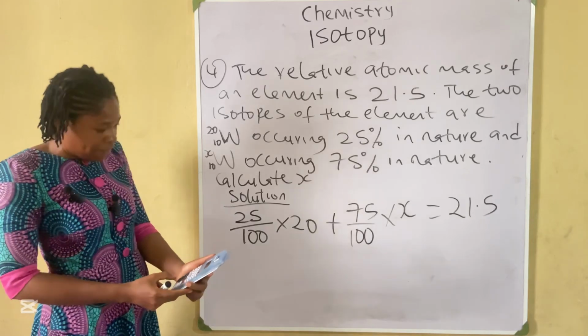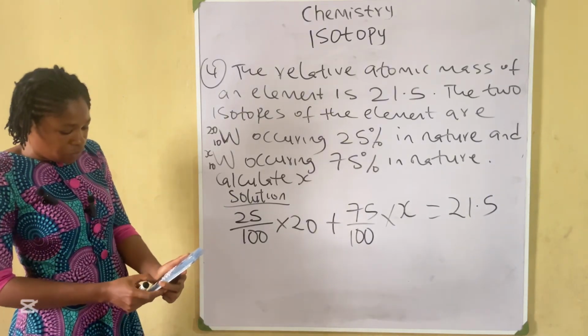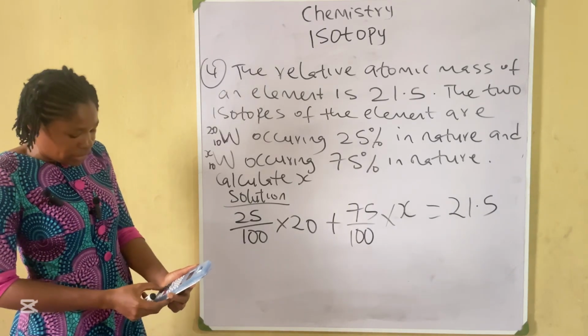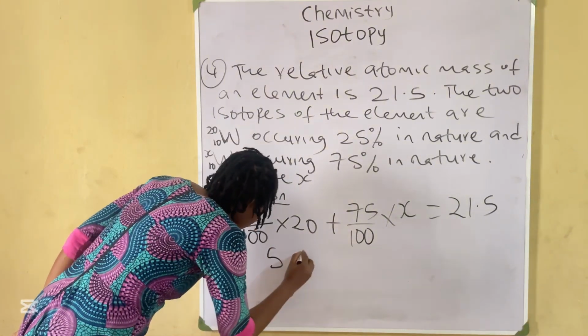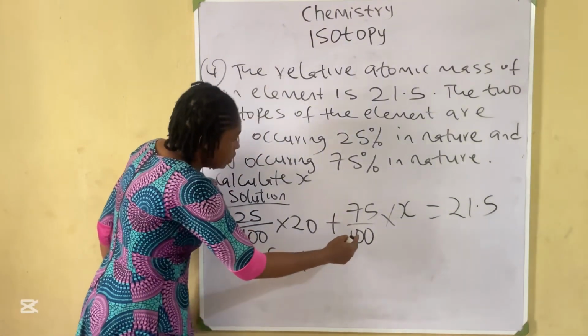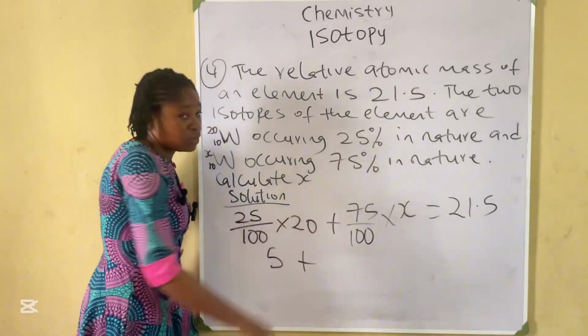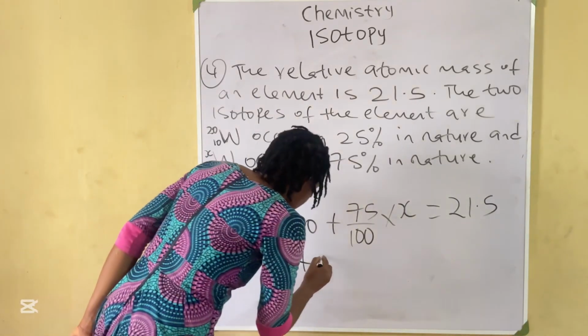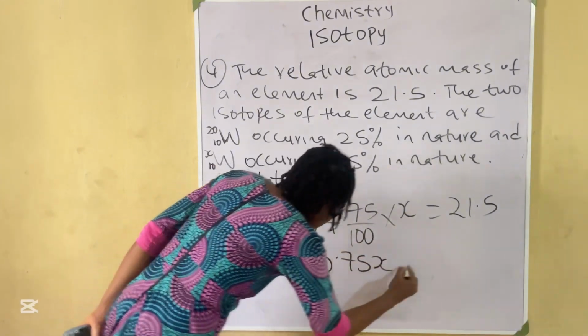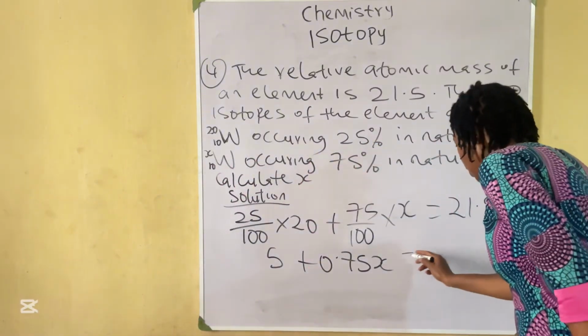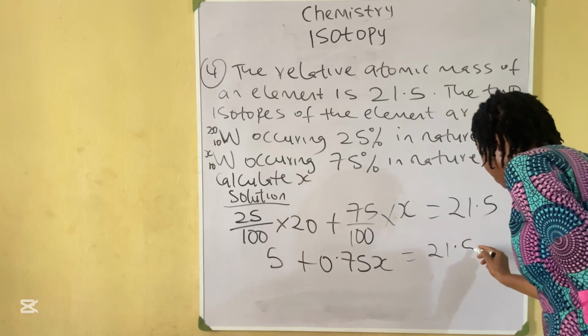That's 0.25. 0.25 times 20 is 5. Plus 75 divided by 100 will give us what? 0.75 times x will give us 0.75x equals 21.5.